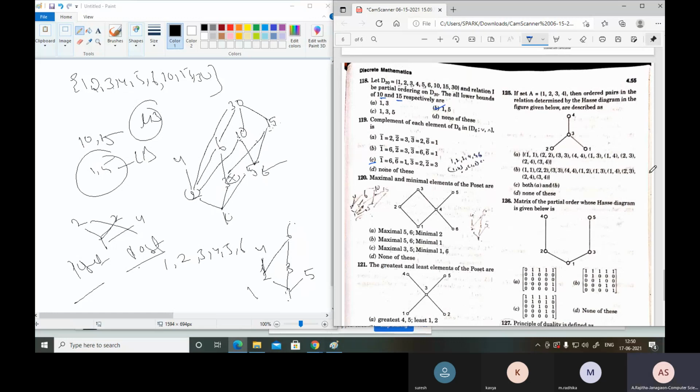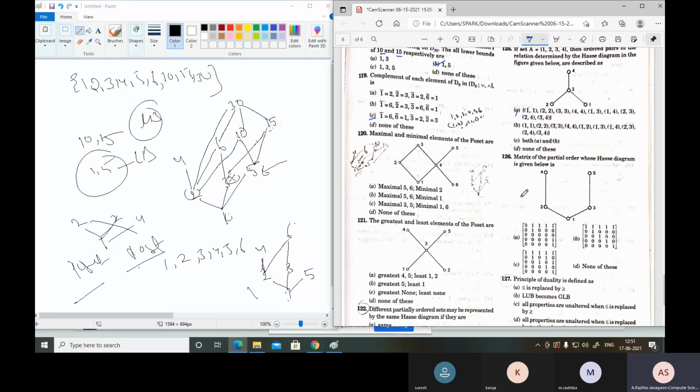Next 3 4 is there. After that 2 3, 3 4 and 2 4. So what is the answer? For this: 1 1, 2 2, 3 3, 4 4. Next 1 3, 1 4 are there. Next 2 3, next 2 4 are there. After that 3 4. So that is the answer.